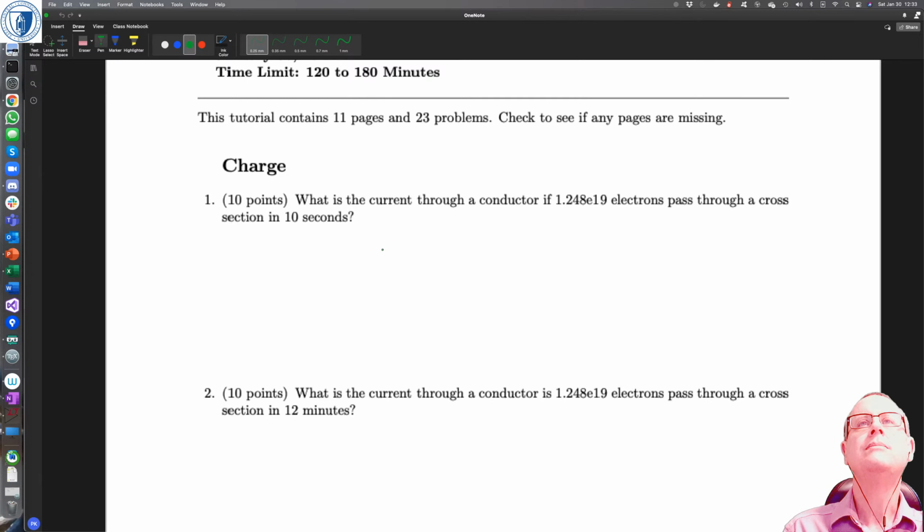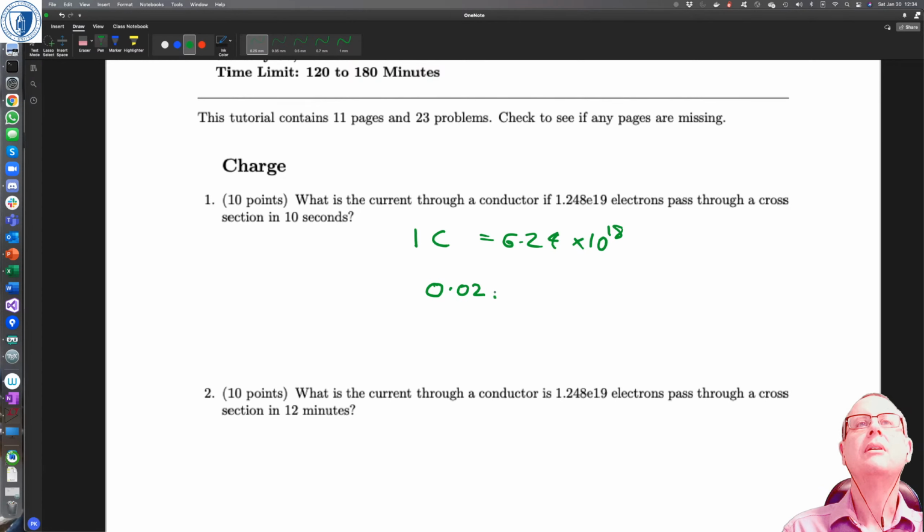You need 1 coulomb is 6.24 e to the 18 electrons. So you divide the number it gives you by the number of electrons in a coulomb. That gives you the coulombs through that section in 10 seconds, and then amps is coulombs per 1 second, so you divide that by 10 more. That gave us 0.02 amps.